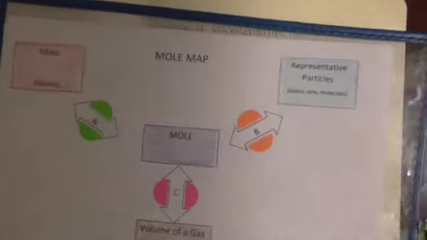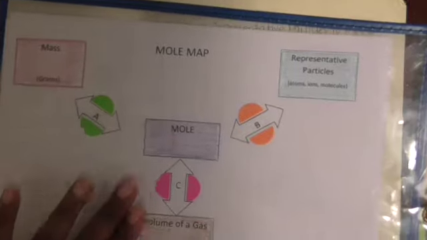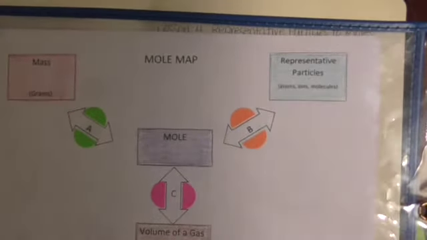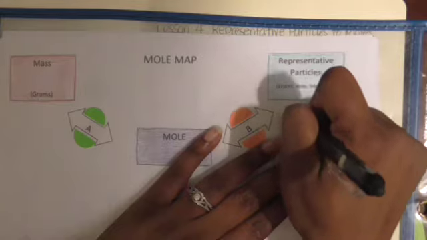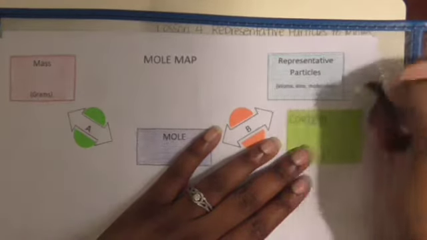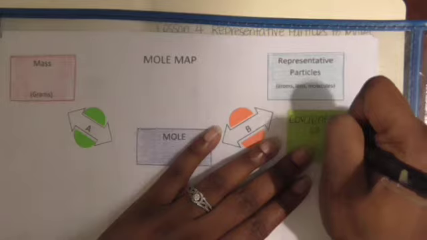So first, let's look at our mole map. Our mole map talks about mass, moles, volume of a gas, representative particles. Representative particles are individual atoms, ions, molecules, and we actually can add the word here, formula units. Typically speaking, when something is a covalent compound, like water, we use the word molecule.